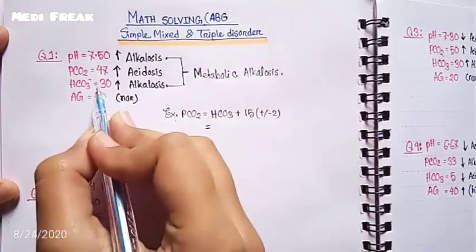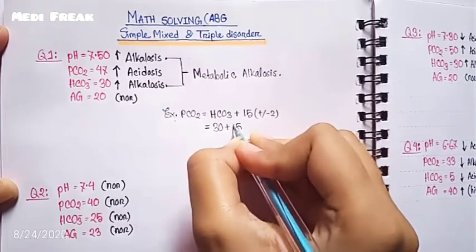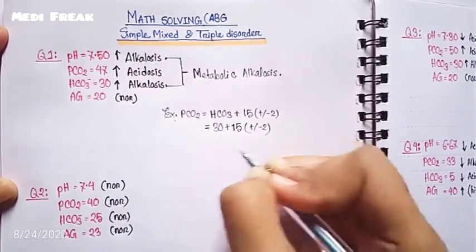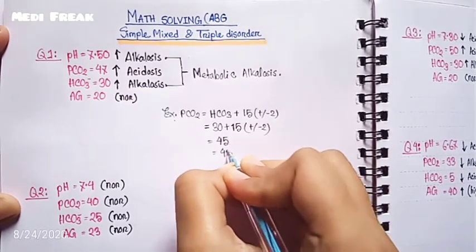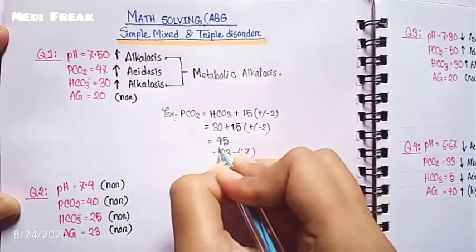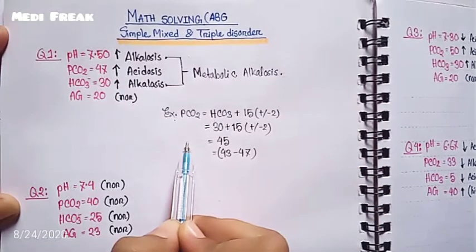Here the patient's bicarbonate is 30, so it is 30 plus 15 plus minus 2. Okay, it is 45, and the range is 43 to 47, and the patient's value is within the range.